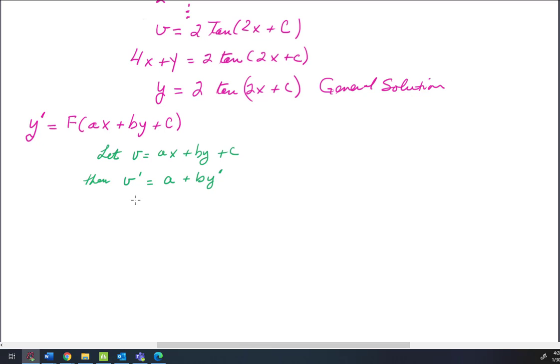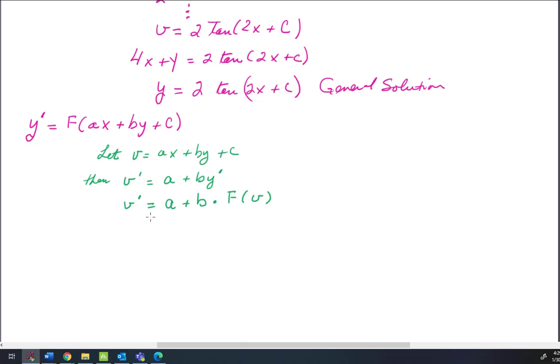And so v prime equals a plus b y prime, but y prime is f of ax plus by plus c, but that's just v. Ax plus by plus c, that's what we're letting be v. So this would be a function of v.